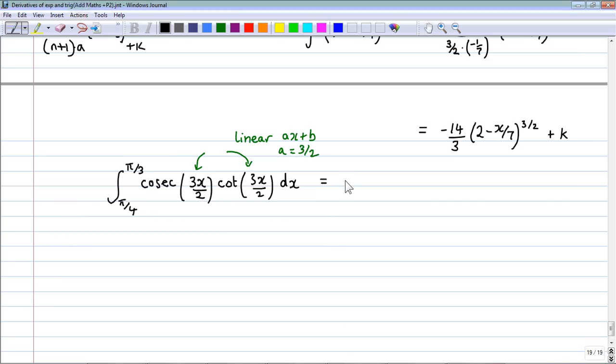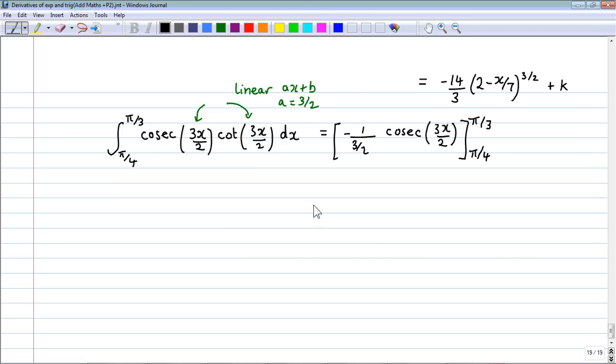This must be minus 1 over a, which is 1 over 3 over 2, times cosec of 3x over 2, all evaluated between pi over 4 and pi over 3.